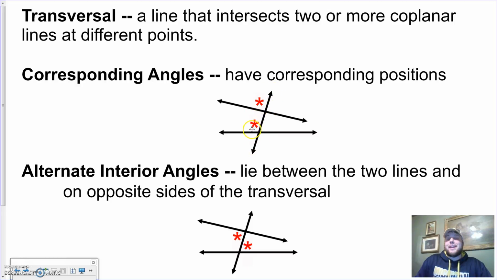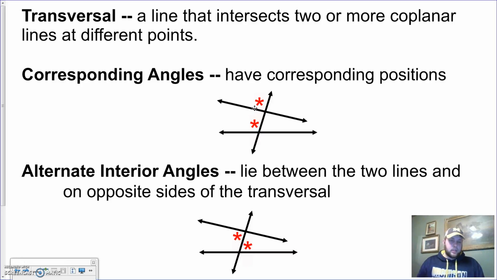Same side, and it's located in the same place above a line. So you see this is on the right or the left side of the transversal, and it's above the line. This one here is on the left of the transversal, and it's above the line. So they're corresponding. They're in the exact same position.